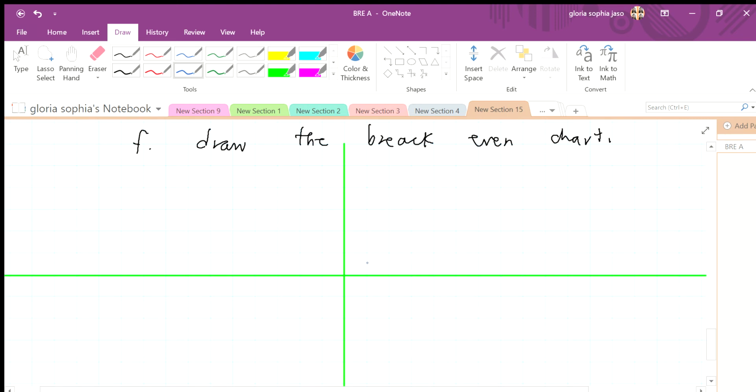Let's write the units in our x-axis and y is the price. So, let's start with 1,080.